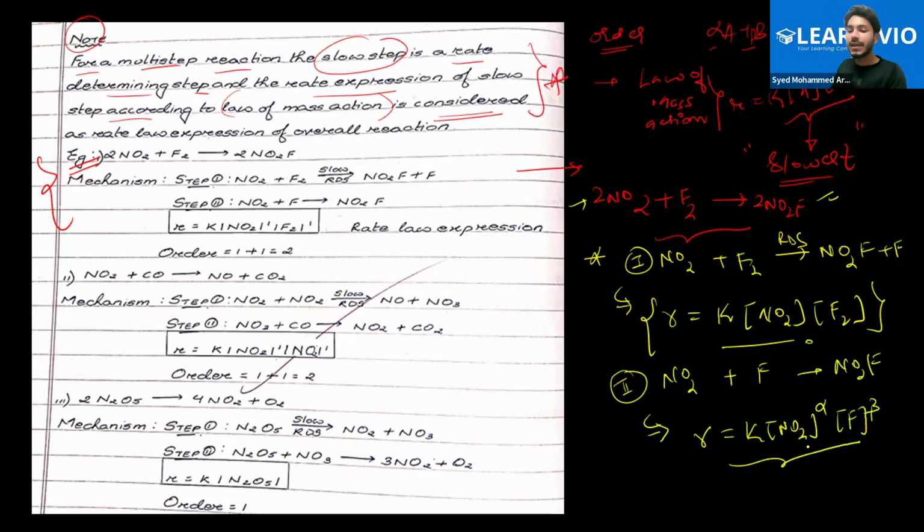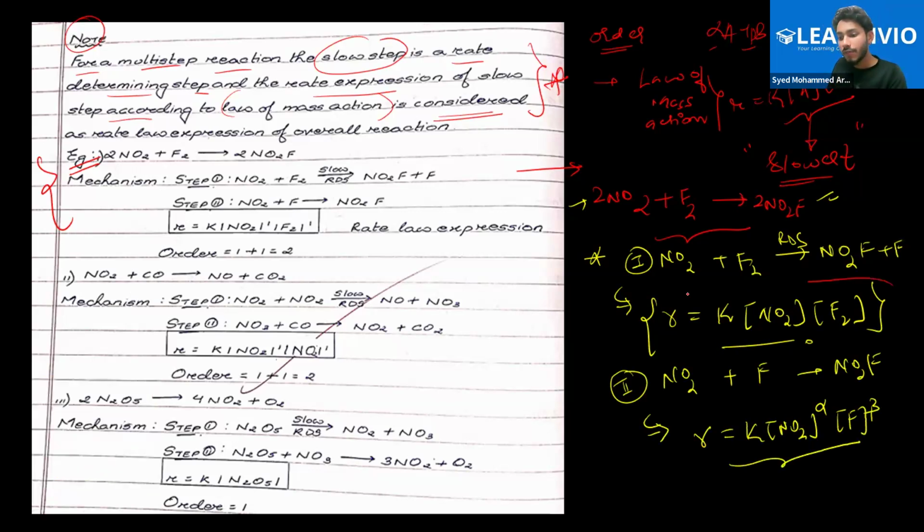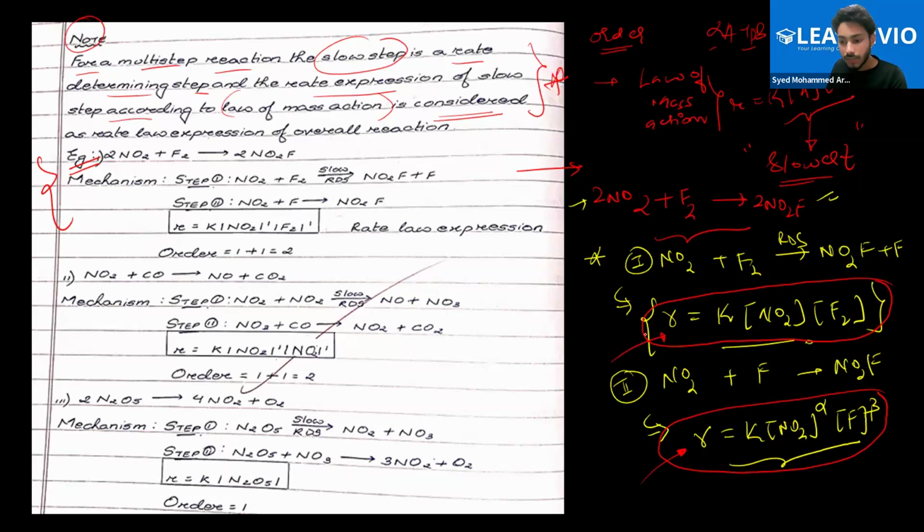Understood? This is the rate law expression, and the other one is the law of active mass. So you have applied both laws in different steps. For the step responsible for determining the rate, you apply the law of mass action, and for the other step you write the rate expression. Understood or not?